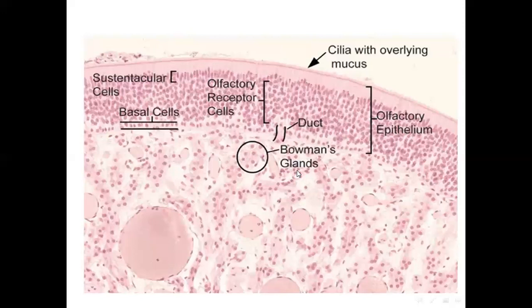These glands have a serous secretory product. And of course, we can also find many lymphoid elements. Okay.